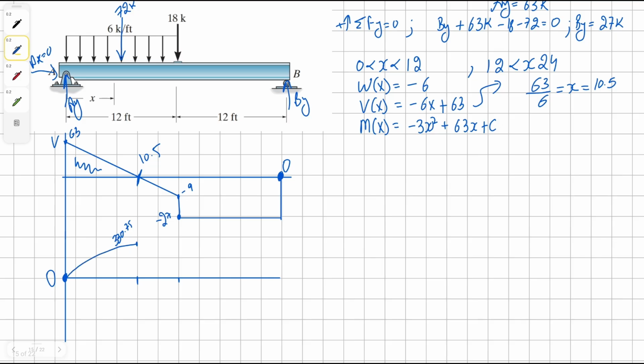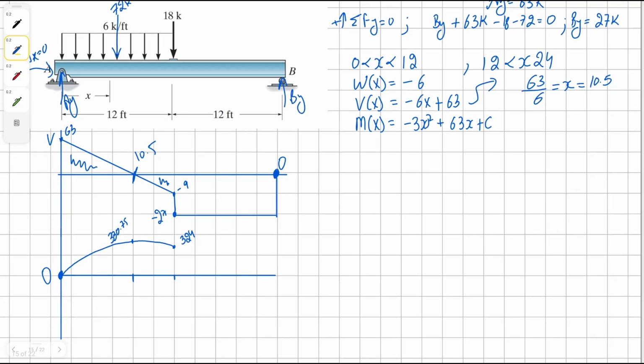Then at 12, you're going to have this area, first of all, which is negative 0.5 times 9 times 1.5, and that means our value here is going to be 324.